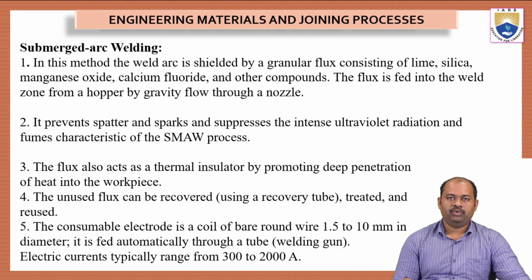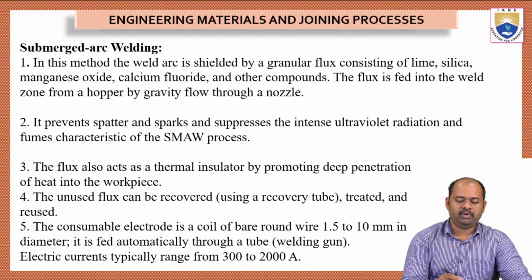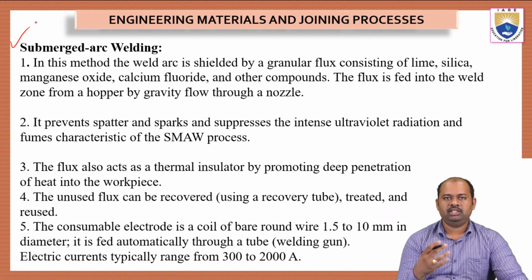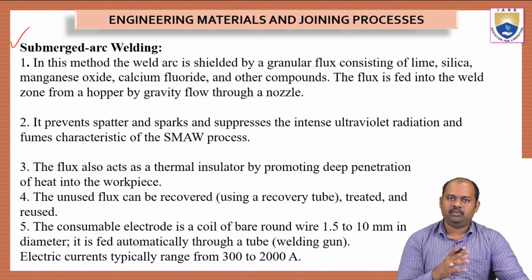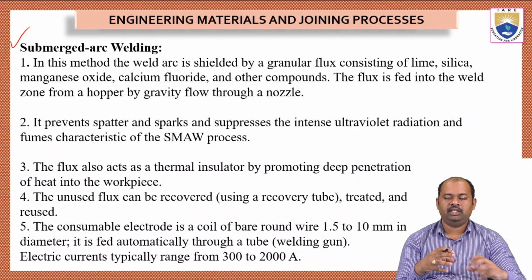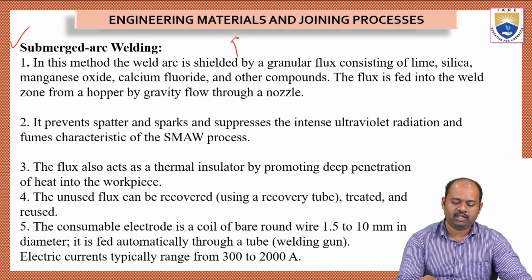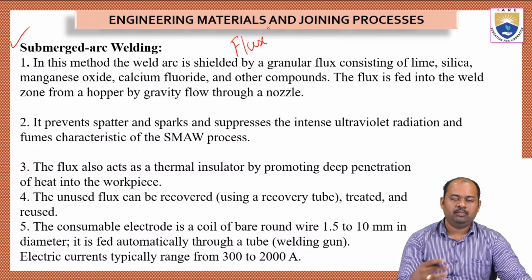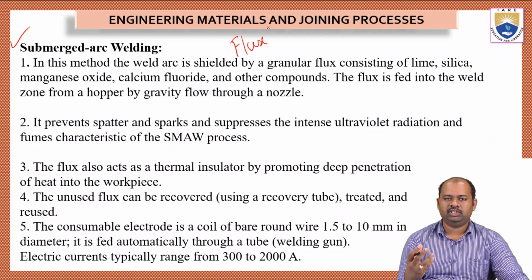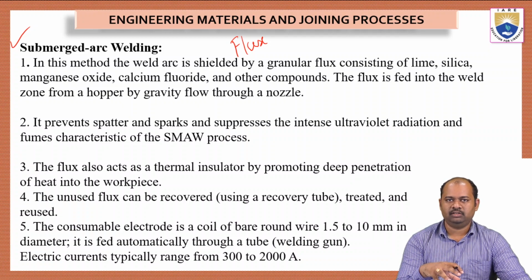And then we have another technique called submerged arc welding. Submerged arc welding is very similar to shielded metal arc welding. That means we have to submerge the entire weld base plates under a flux. So what is a flux? Flux is a powder kind of material which is used to cover the weld joint in order to prevent it from oxidation.